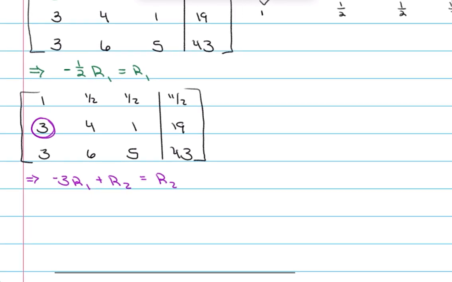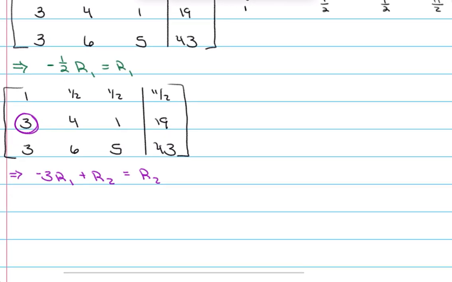Do the same thing. I'm going to show you my operations. So this is going to be -3 times 1 plus a -3. I'm sorry, a positive 3. Sorry, watch your signs. Then I'm going to do -3 times 1/2 plus 4.